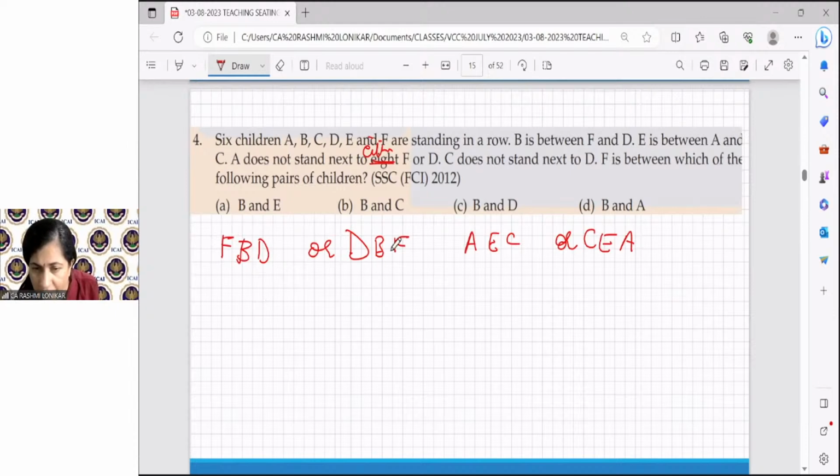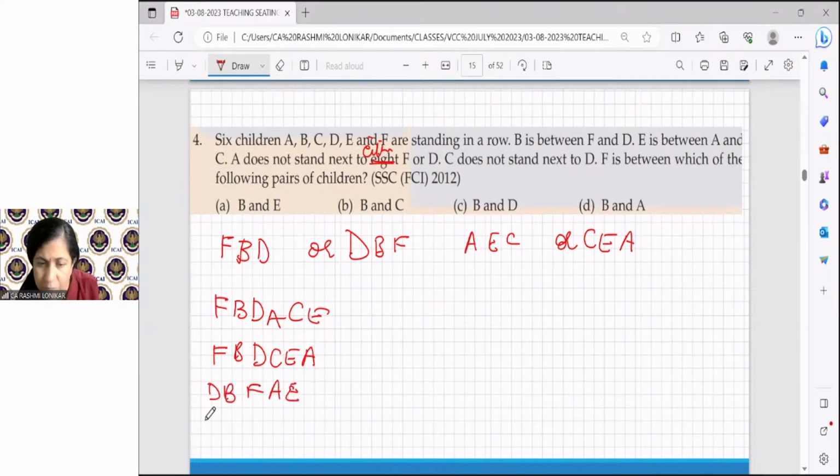Okay, so if I have these combinations, I can have F, B, D, A, E, C; F, B, D, C, E, A; or D, B, F, A, E, C; D, B, F, C, E, A. Then you can also start with the other group.